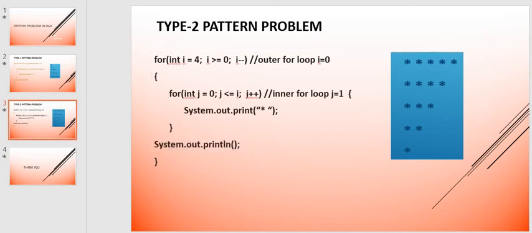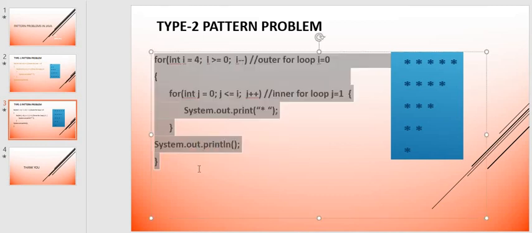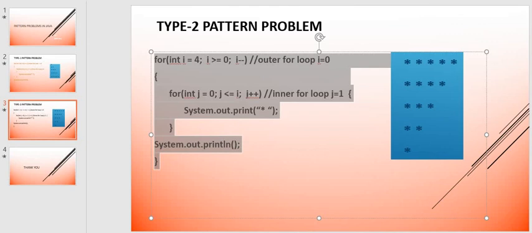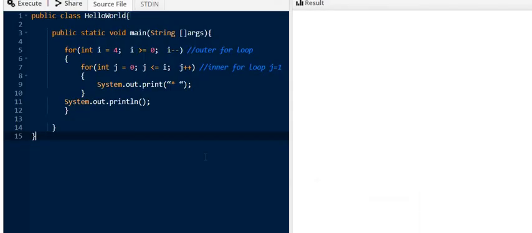Hope you have understood this program perfectly, and let me execute this for you. So I can copy this whole thing. Okay. You can see our code is ready. I have pasted the same thing from the slide that I have explained into our compiler, that is the online Java compiler.